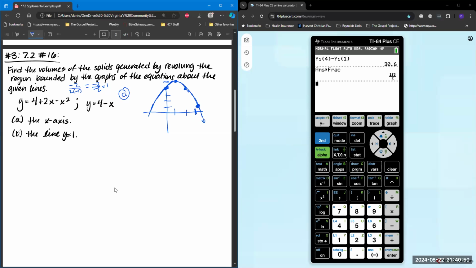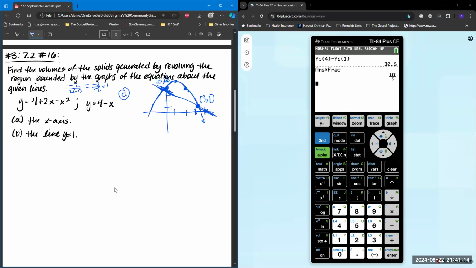And it's 4 over here. All right. So our points of intersection are 0, 4, and 3, 1.